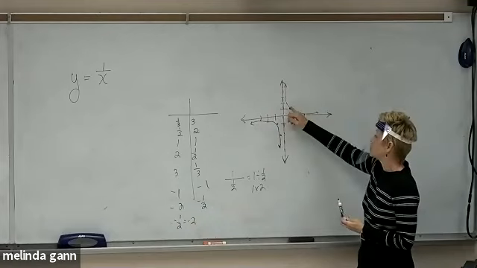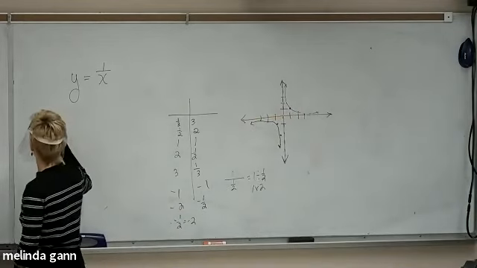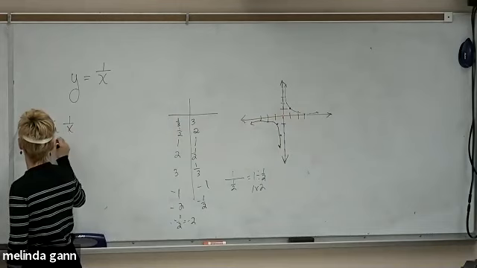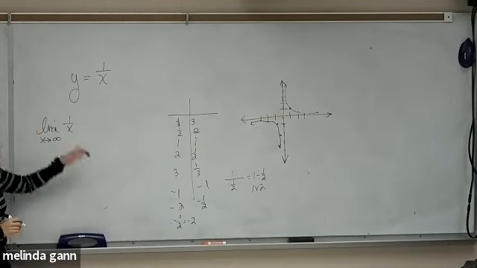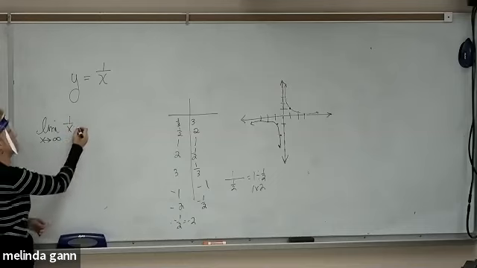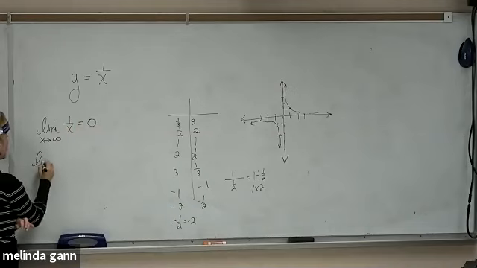So what happens when x gets bigger? What's the limit of 1/x as x gets bigger and bigger and bigger? 1/10, 0.1. 1/100, 0.01. 1/1000, 0.001. What's this thing getting closer to? 0. Now, what if you were approaching negative infinity?